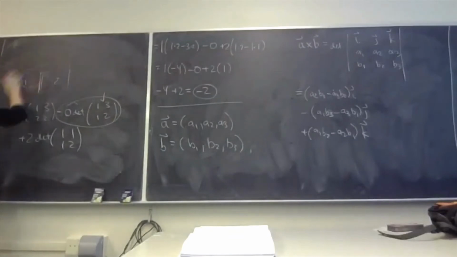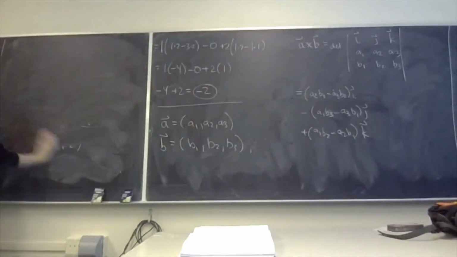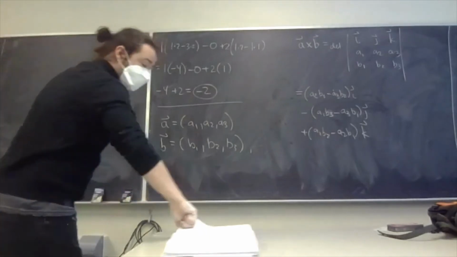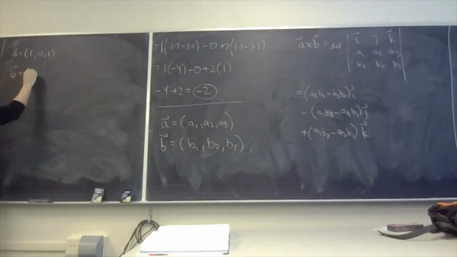Let's do an example. I'm not trying to race, by the way. It's just I don't want to belabor something that's basically algebra. Okay, so let A be equal to the vector (1, 0, 1), and we'll let B be equal to the vector (0, 1, 1).